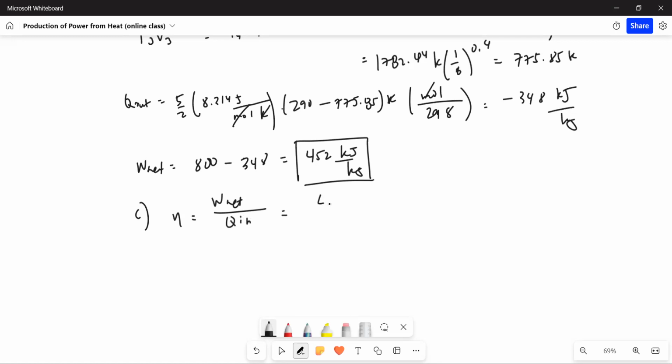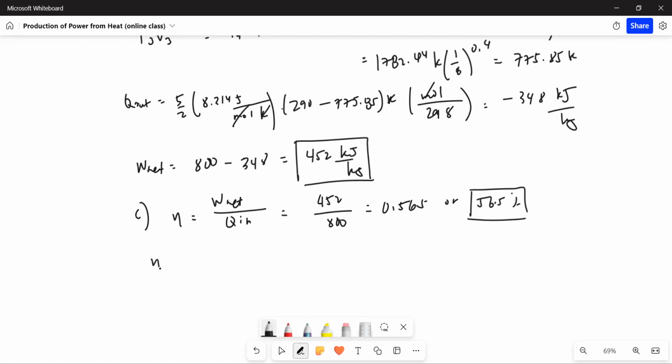So we have work net na solve kanina and then Q in na 800 given. And this is 0.565 or 56.5%.